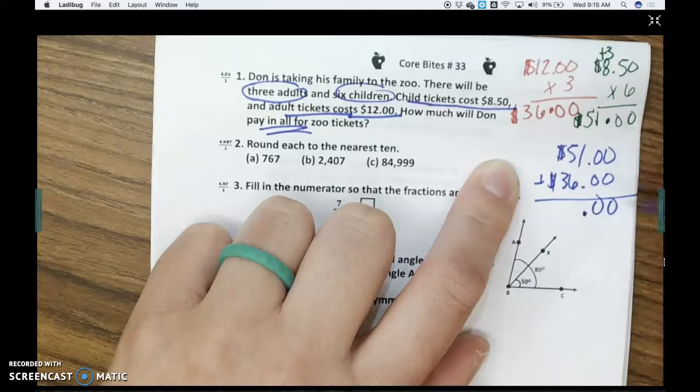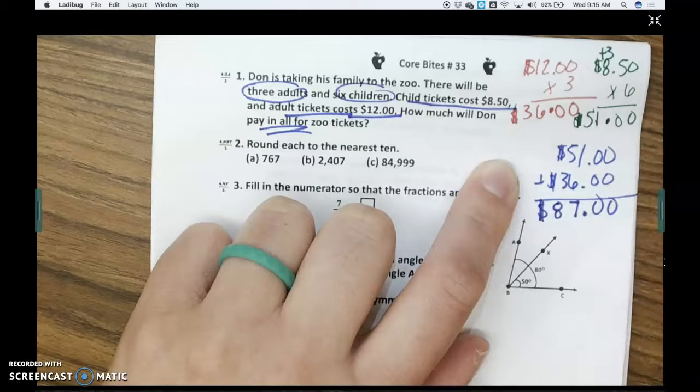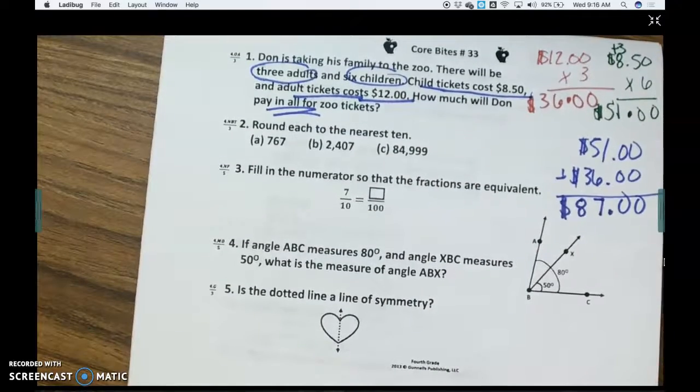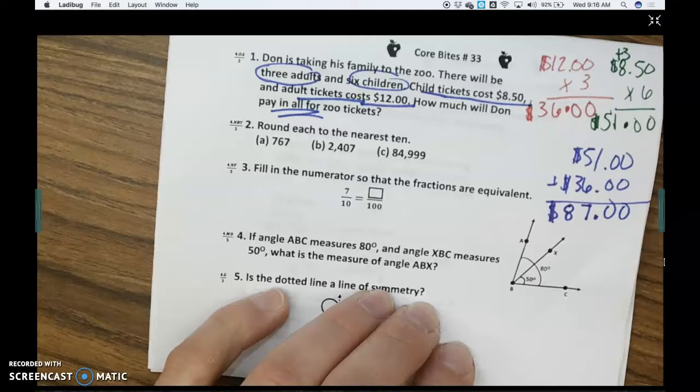Bring your decimal down. 6 plus 1 is 7. 5 plus 3 is 8. So, guys, for y'all to go to the zoo, it's going to cost a total of $87. And I'm pretty sure if y'all go to Riverbank Zoo near Greystone, that's probably going to be about the same price or a little bit more.